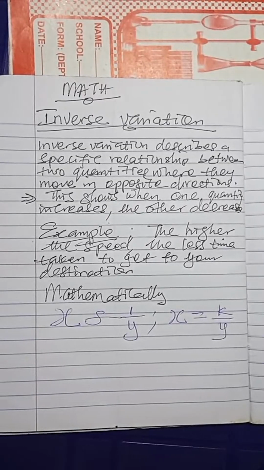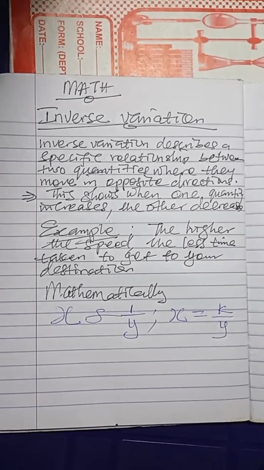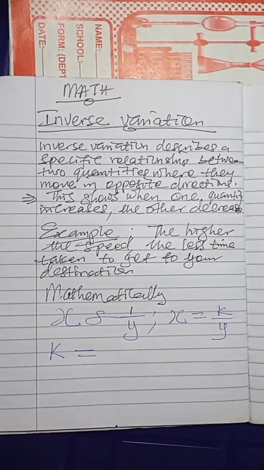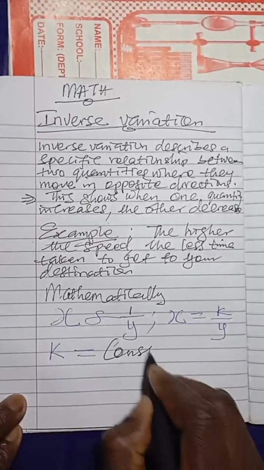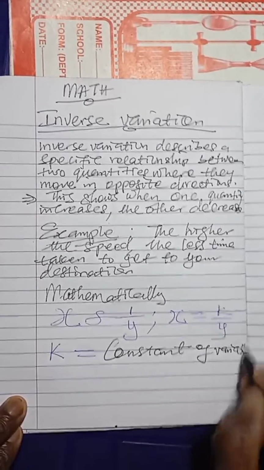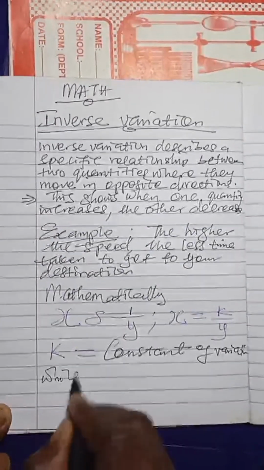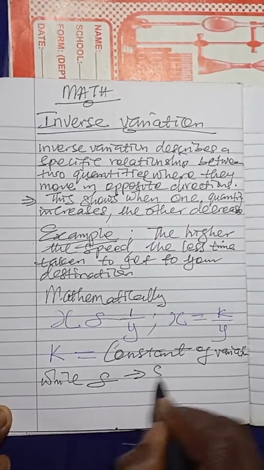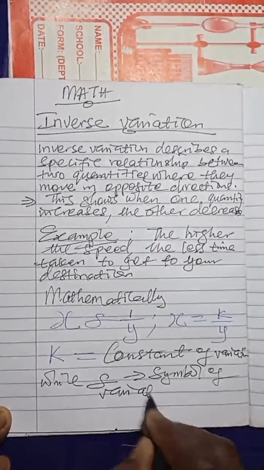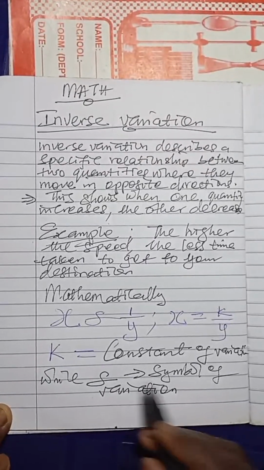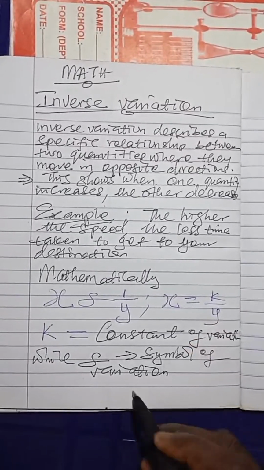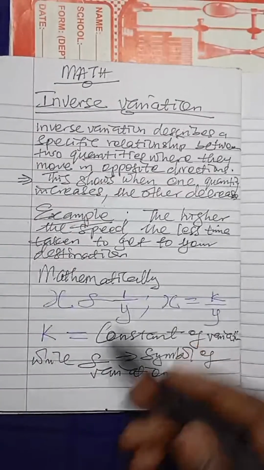Now, if you have something like this, our k is called the constant of variation, while this is the symbol of variation. Now, I'm going to show you how to establish the relationship, or the law of variation, in any problem, using this k.